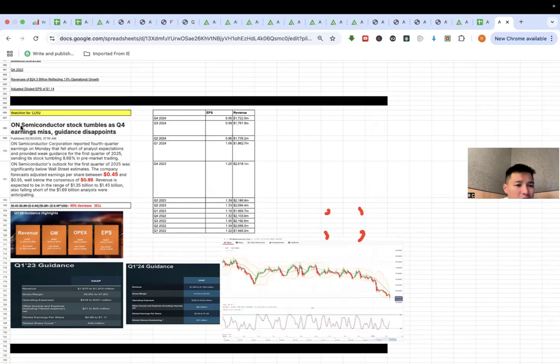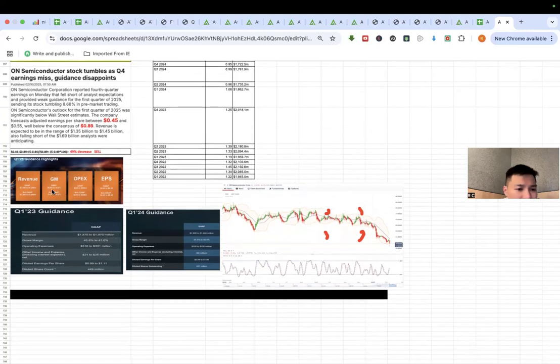This is a good short on semiconductor. Let's look at what they say. So 0.45, where is it? Here, 0.42. And then last time, because it's Q1, you can look at Q4s as well.